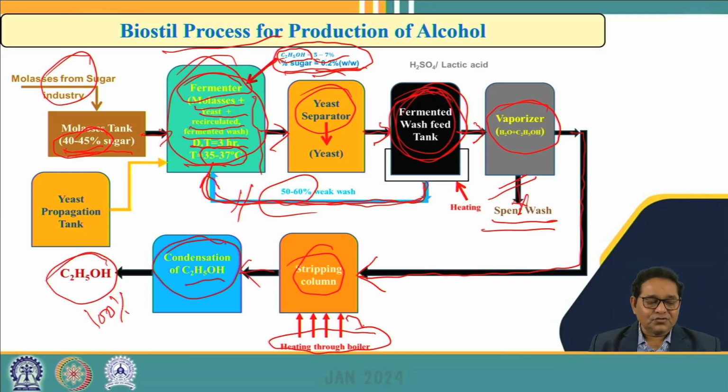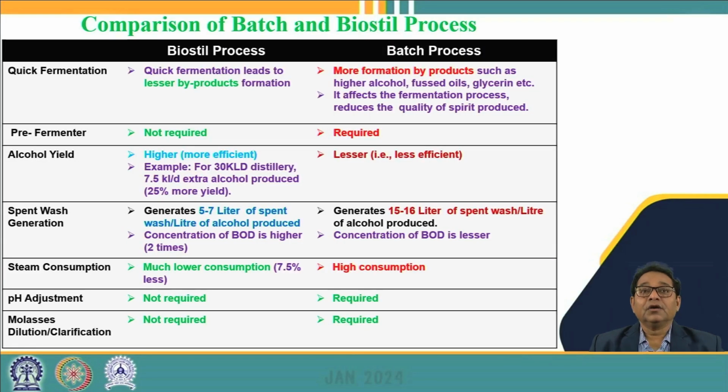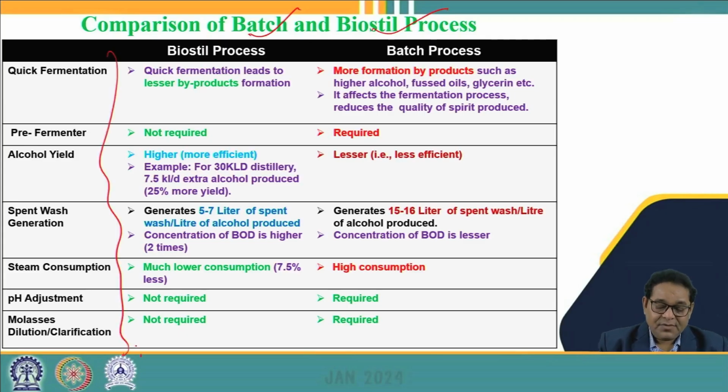So these are the two processes used in industries for the production of alcohol. Let's see the comparative advantages and disadvantages of the two processes. If we see the two processes, batch process and biostill process, these are the parameters of comparison.